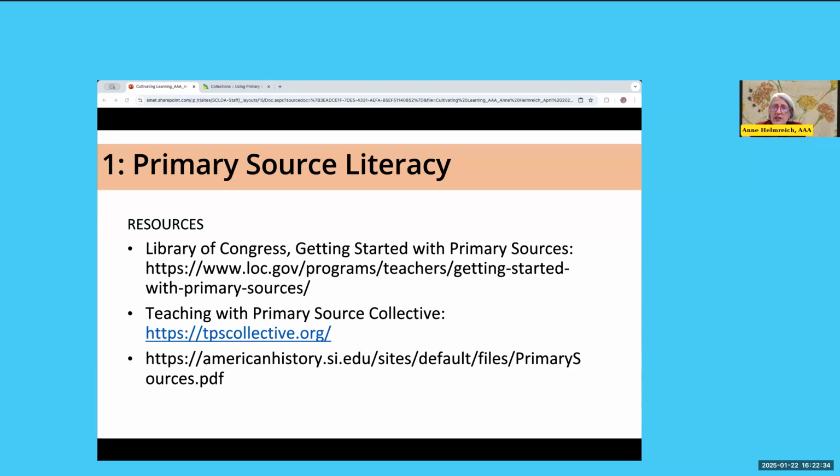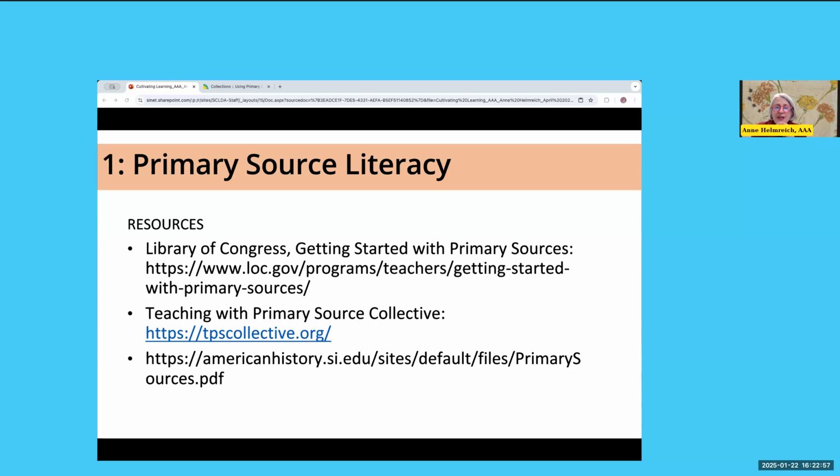They have grading rubrics and other things that I find really useful. There's also, if you're not aware of it, a teachers group called Teaching with Primary Source Collective. People post content, blogs, and ideas.